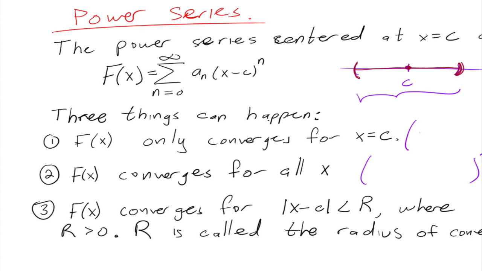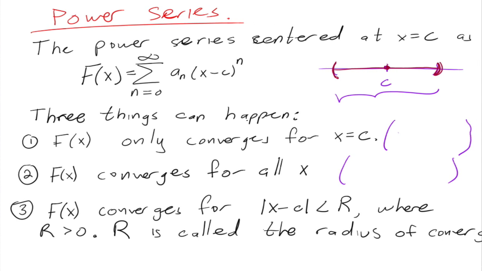In the first case, what we say is that r is equal to 0. So if it only converges for c, then the radius of convergence is 0. If it converges for all x, then you say that the radius of convergence is infinite.